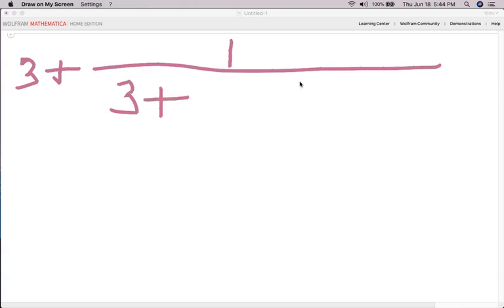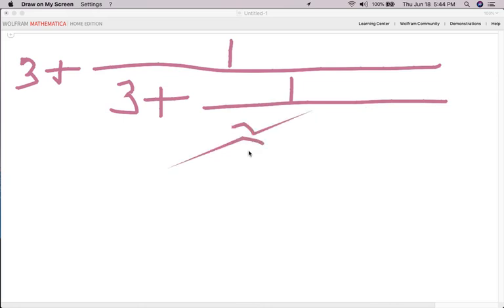This would be a lot faster if I was using a whiteboard or a chalkboard, so please bear with me. That's supposed to be a 3, by the way. It looks like a 3 that's been struck by a bolt of lightning, but that is supposed to be a 3.